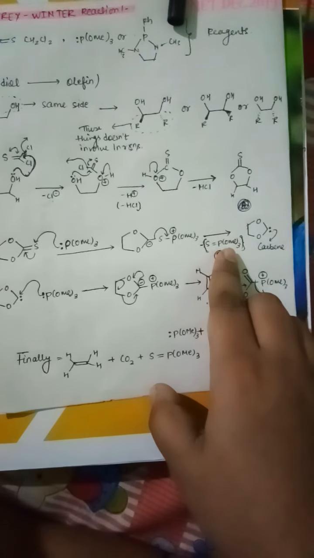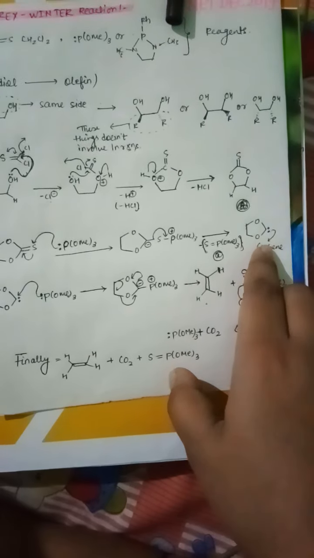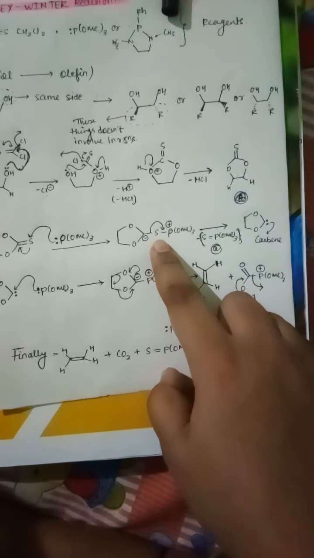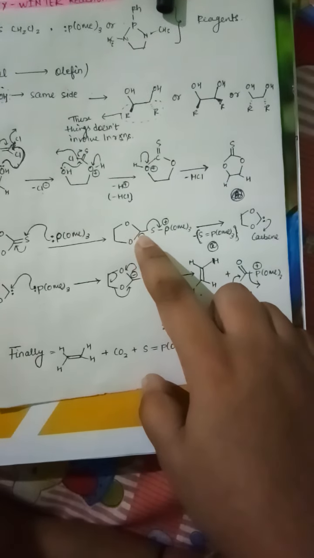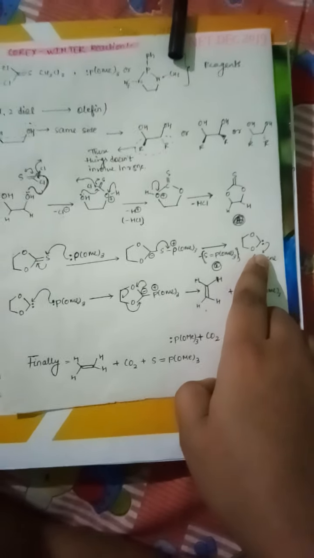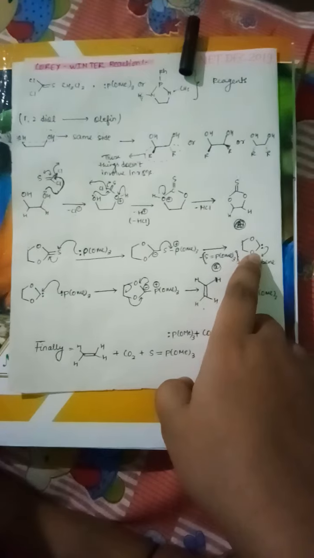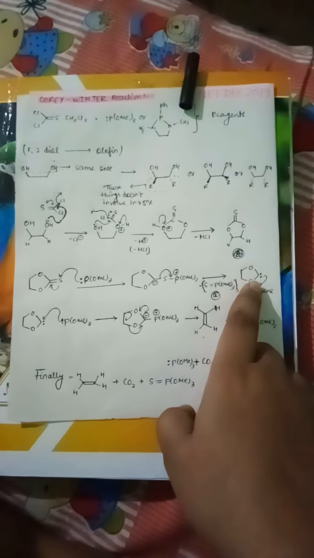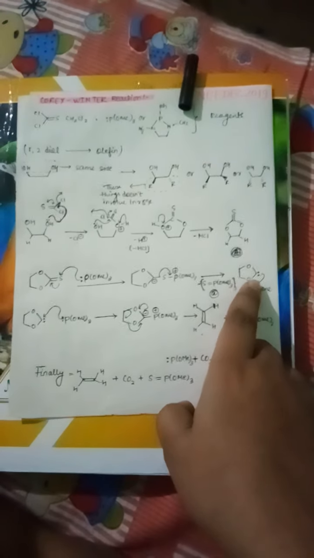Here Me is a methyl group, and finally we will get a carbene because sulfur is removed from its place, and it will be converted into a carbene. The carbon here is an electron deficient kind of intermediate.